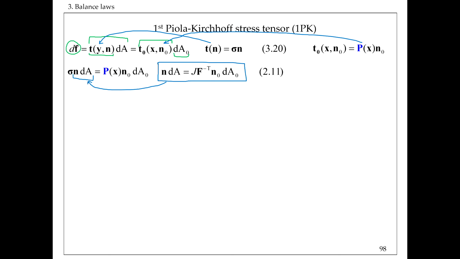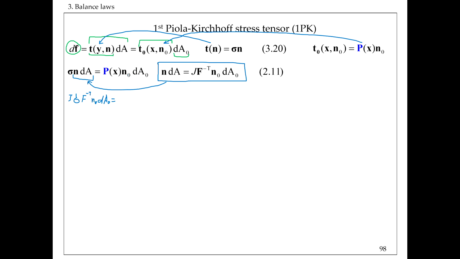And then what we obtain is that both of these parts, the left part sigma is multiplied by, so we can just write here that we have J sigma multiplied by F minus transpose, and then we have n0 dA0, and that is still equal to what we have here, P n0 dA0.